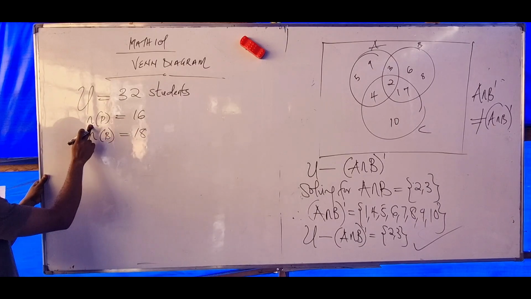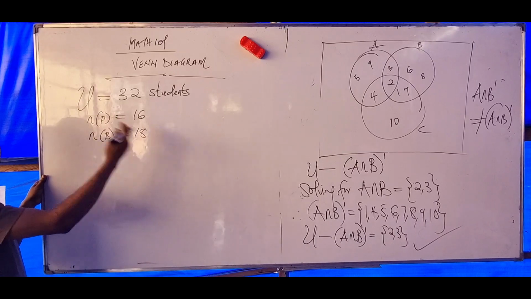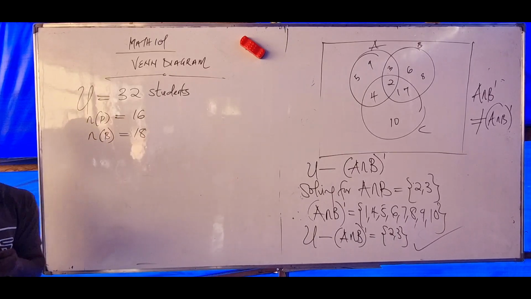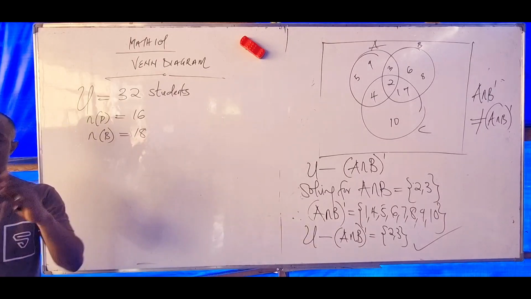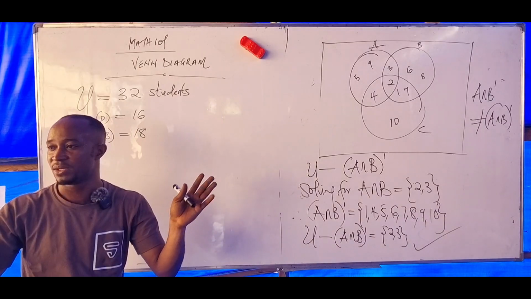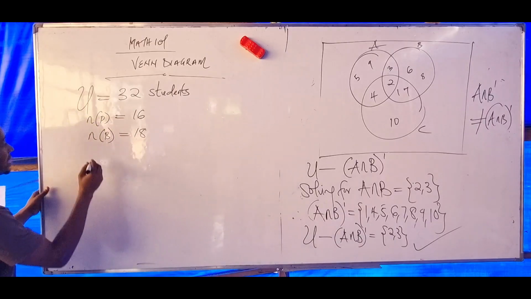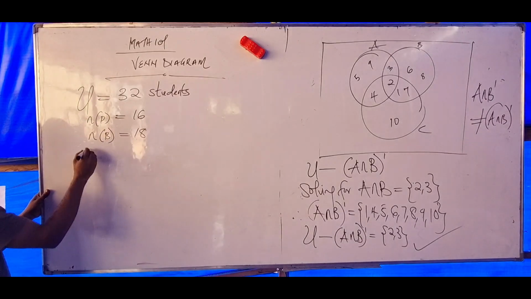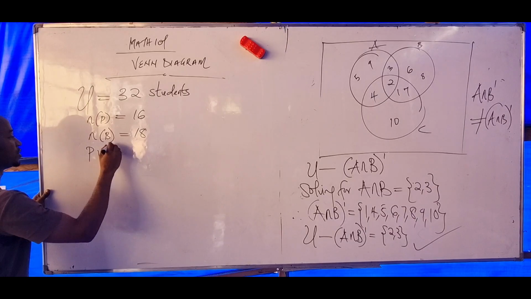Then we are told 3 do none. That means they are part of the students, but they are not offering any of the courses. So where are they located? They are inside the universal set. So that becomes (physics union biology) prime.